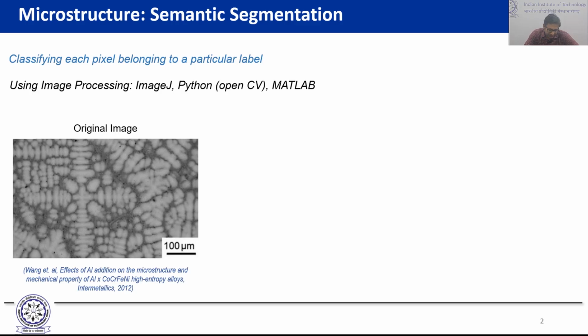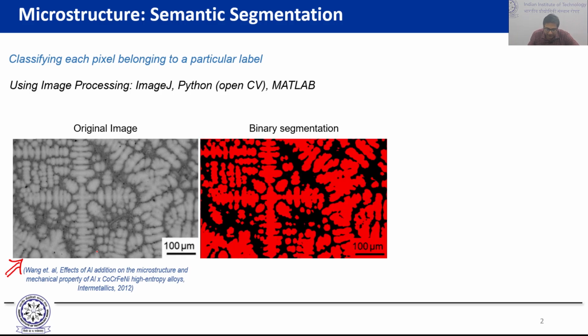This is a very nice publication which came out in 2012, where they have used semantic segmentation. What you can see is you can start with a microstructural image, where in this case you have very nice dendritic features that are developing. Then you do a binary segmentation of the image.